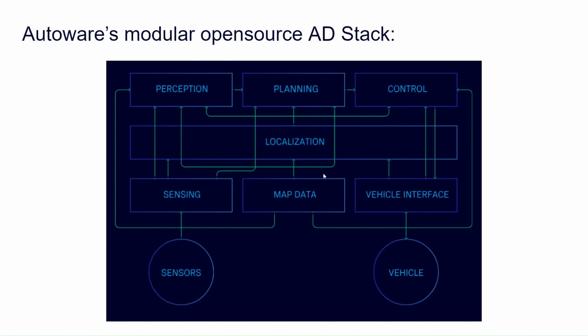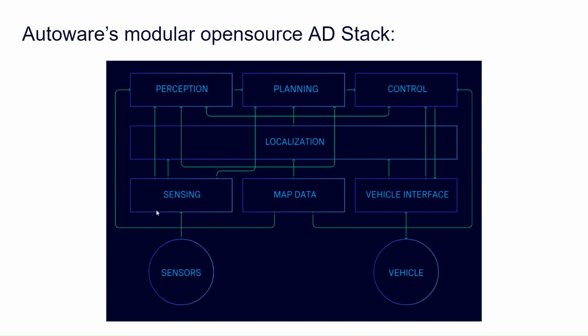Like, you have a map of a city block, and you are standing at the junction of this particular city block. So localization is basically telling the vehicle where exactly it is placed with respect to the actual map.